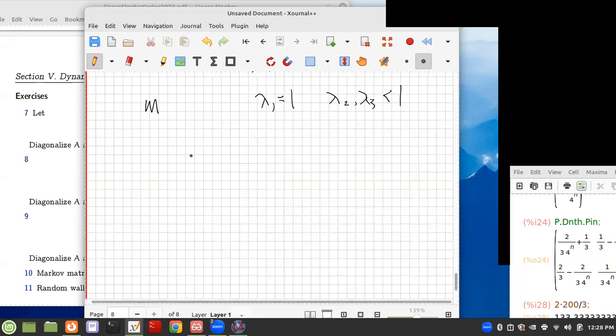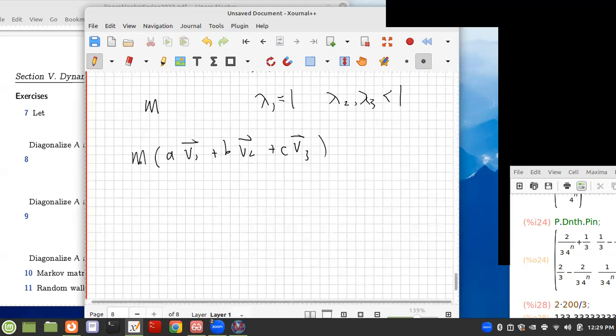Well, let's say that your matrix M acts on some initial state. The eigenvectors form a basis for the set of all states. So you can say any state is going to be a certain fraction in eigenstate 1, a certain fraction in eigenstate 2, a certain fraction in eigenstate 3, and so on. Let's just do 3 things here.